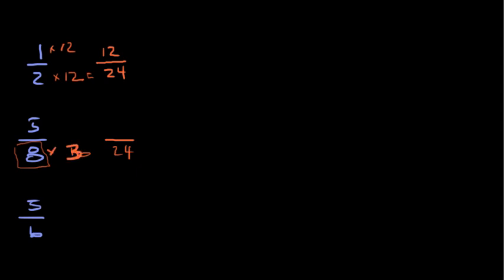I'm going to just write over the top of that. 3 equals 24, so we have to multiply it by 3 up here. That's 15. And this you have to multiply by 4 to equal 24. 4 there. So 20 24ths, 15 24ths, and 12 24ths.